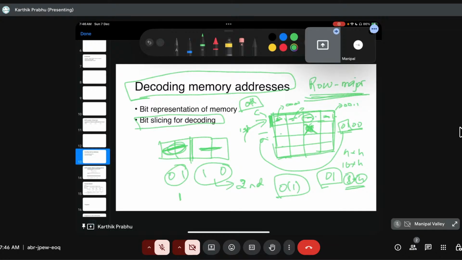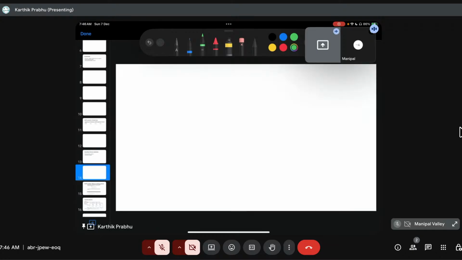I'll give another example, this will help you understand. Let's say for example we have a 64 kilobyte RAM, or let's not make it this complicated.